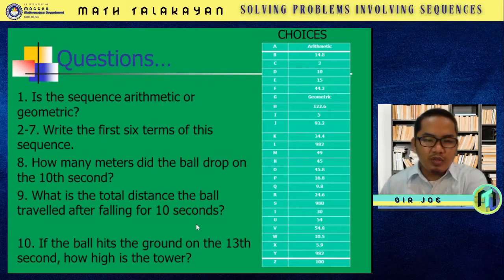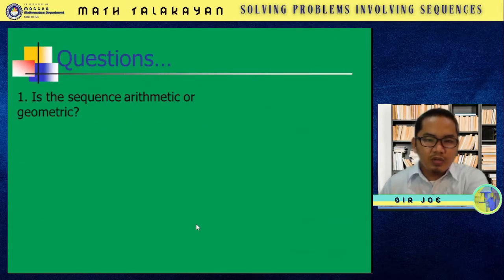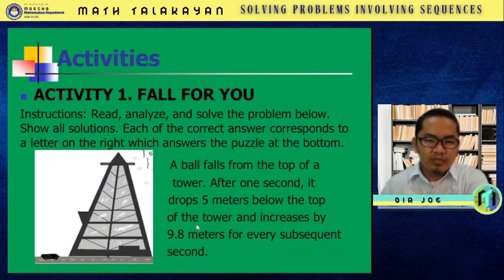We're going to go back to our problem. So our given here is that after 1 second, the ball drops 5 meters below and increases by 9.8 meters for every subsequent second.